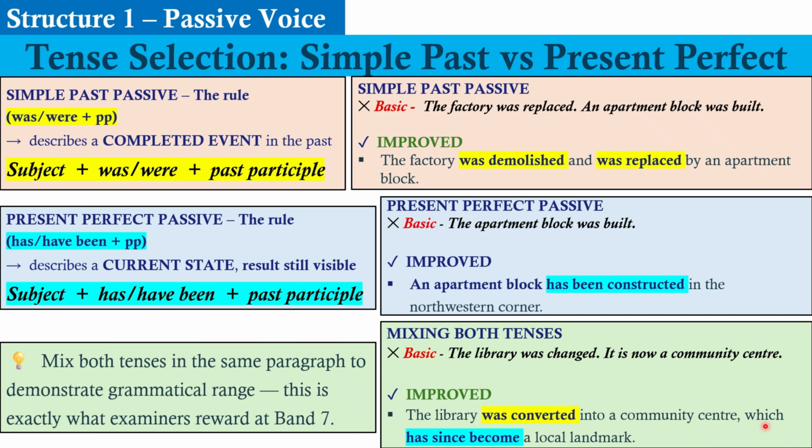The relative clause, which has since become a local landmark, uses the present perfect to emphasize the continuing result of that change today. This is a more natural and sophisticated description than simply writing, "The library was changed. It is now a community center." Using a mixture of past and present forms helps create the grammatical variety that examiners reward at higher bands.